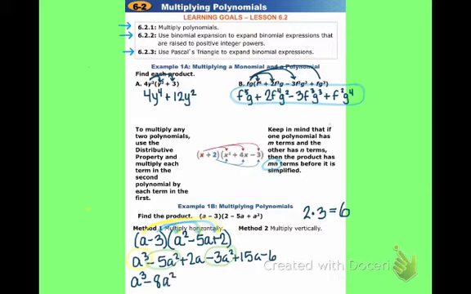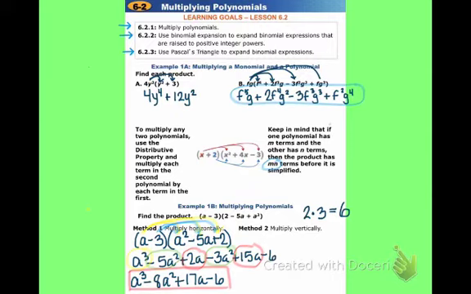For the a terms, there's that and that, and when I put them together, I get 17a. And the constant terms, there's actually just one of them, and that's a minus 6. So my final answer is a to the third minus 8a squared plus 17a minus 6. And that would be in standard form in descending order of powers.